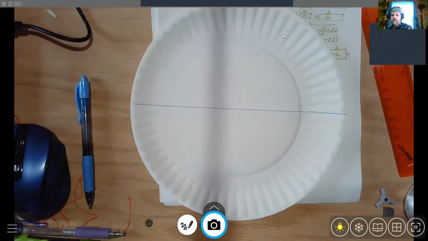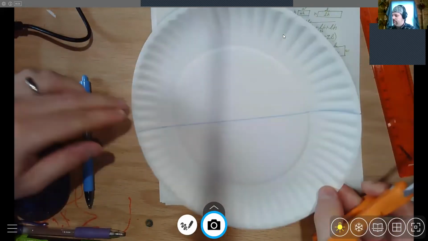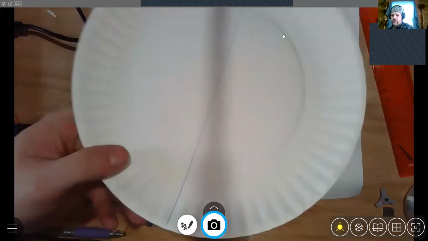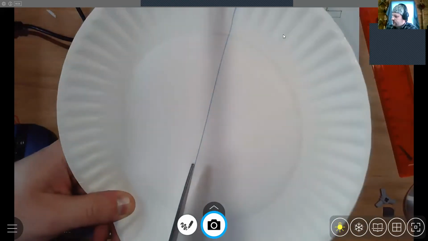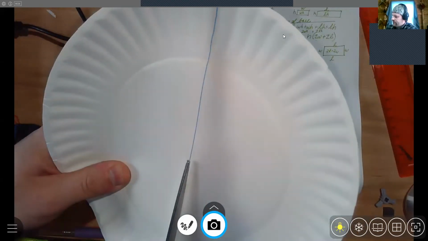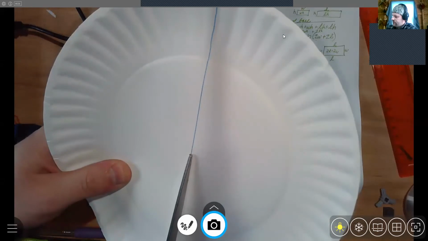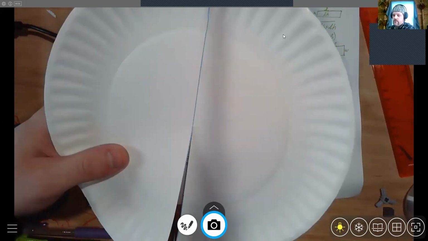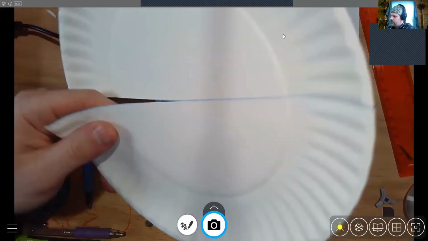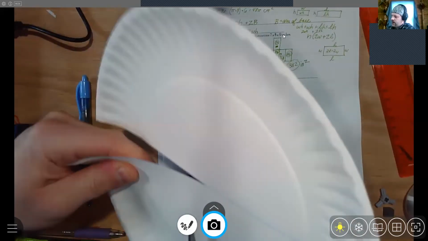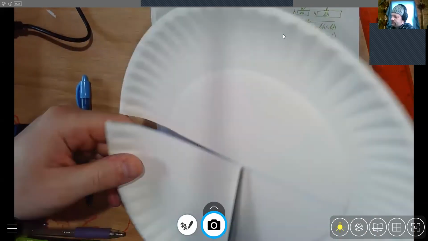Now I'm going to cut out a piece here, and it doesn't really matter. It's not super precise. Ideally, you would cut to the middle. I'm eyeballing the middle. Cut out approximately a 90-degree piece here.